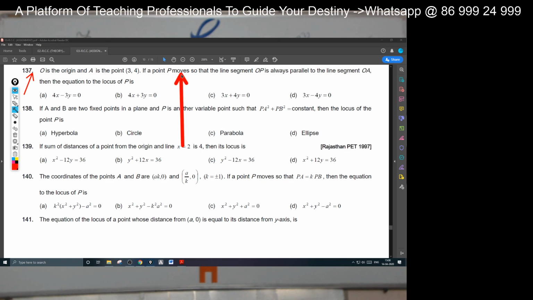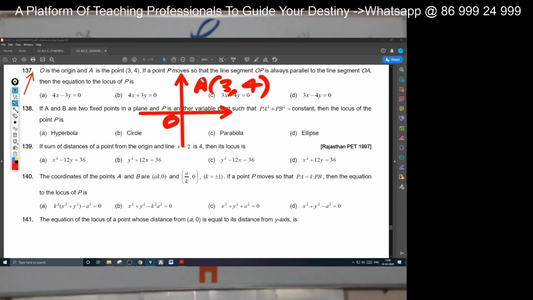Y-axis, x-axis, and this is O, and A is the point (3, 4).